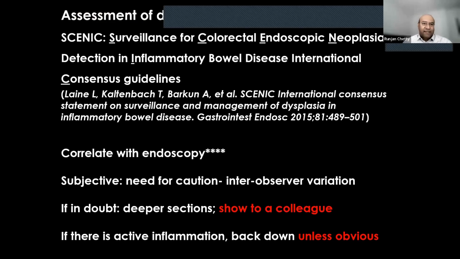In terms of the assessment of dysplasia, and this is important from our point of view as pathologists, there's this group called the Surveillance for Colorectal Endoscopic Neoplasia Detection in Inflammatory Bowel Disease, the International Consensus Guidelines, that goes by the euphemism of SCENIC. And this has really empowered the endoscopists because of the advances that have been made in endoscopy, chromoendoscopy in particular.